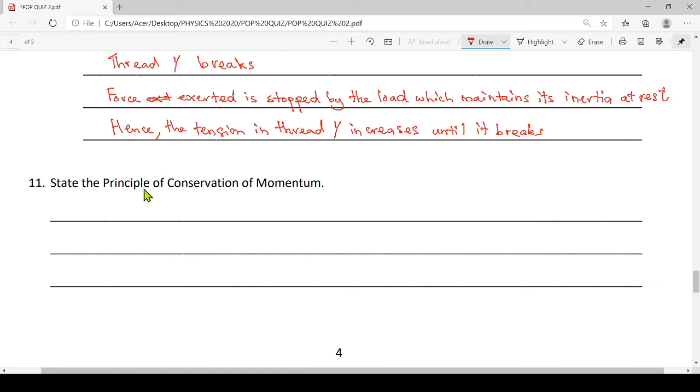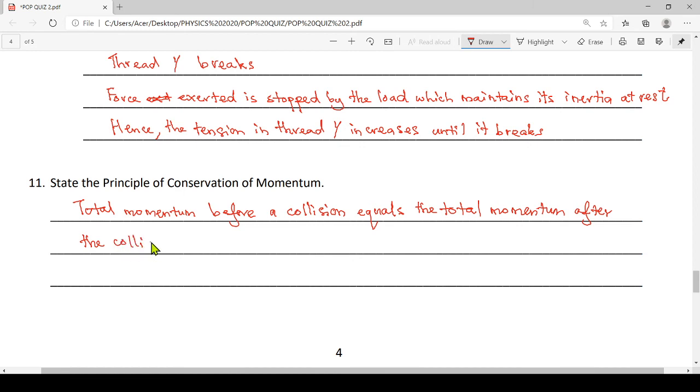Okay, so the principle of conservation of momentum simply says that the total momentum before a collision equals the total momentum after the collision, unless acted upon by an external force.